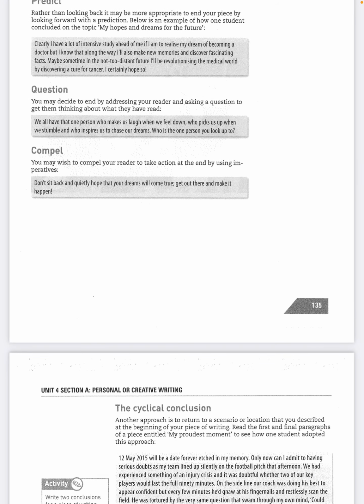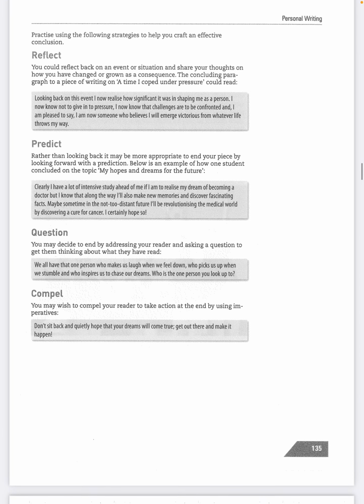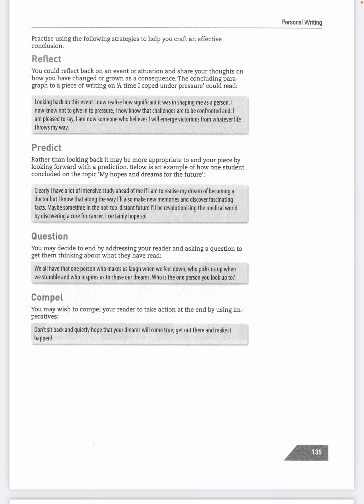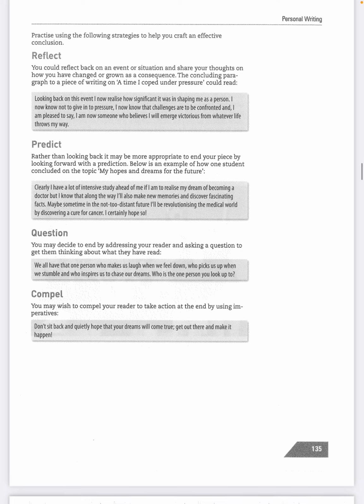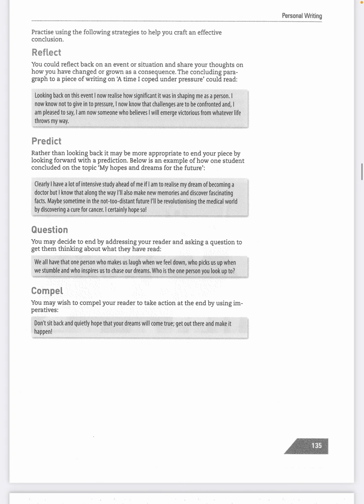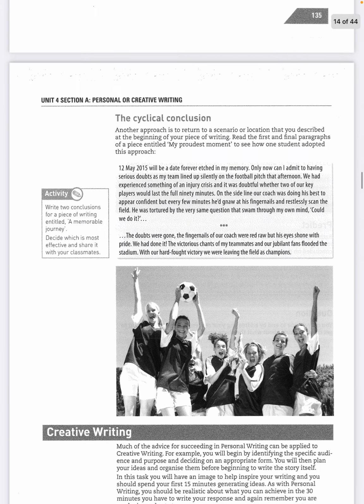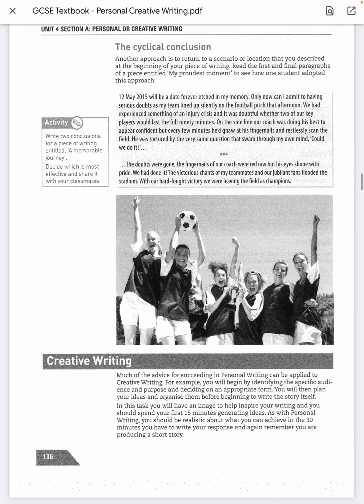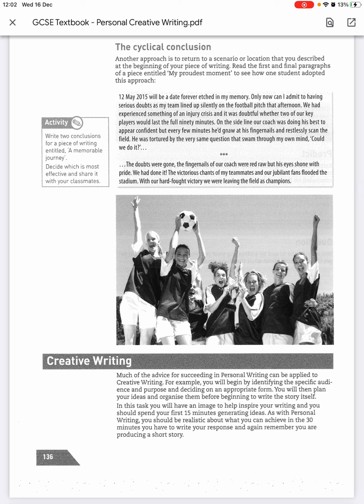And finally, compelling, okay, using those imperatives, the forceful language to prompt your reader to take action based on your story, your piece. And that will really depend on what's your point. Which strategy you choose depends on what you want to accomplish with your piece of writing, okay? And you can look there, and there are 4 different strategies, okay? So I encourage you to come back to these, use it for revision, and you'll know where you want to spend the most time, okay?